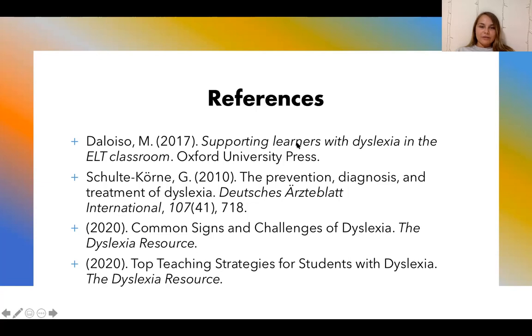The first one was the book, and the second one was the journal. Please forgive me, I got them confused. And then the last two were actually websites, and they were the same website. I thought it was a very reputable website, the dyslexia resource. But yeah, those are my resources for this project.